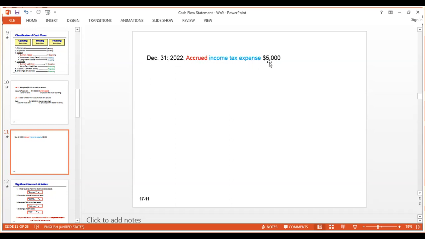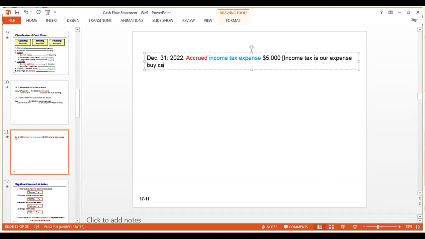The meaning is income tax is our expense, but cash is not yet paid to the government.